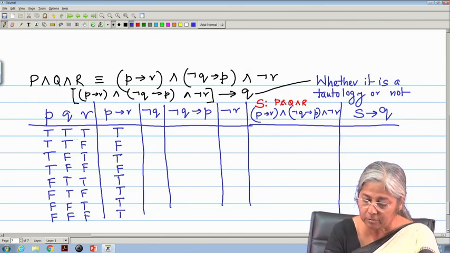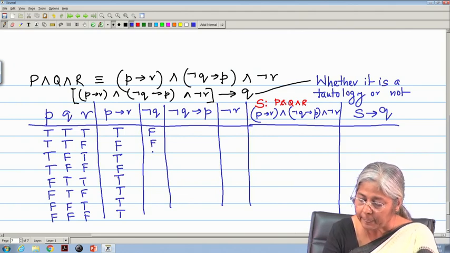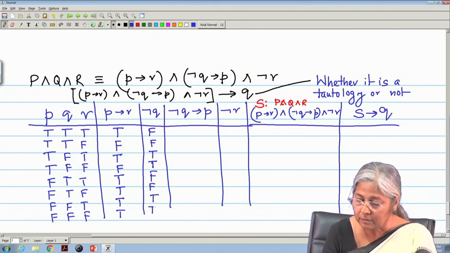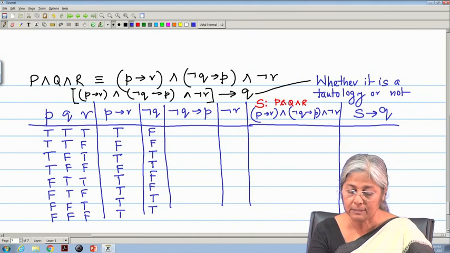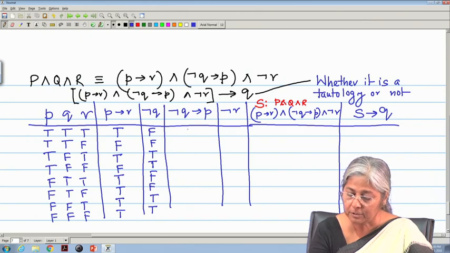Now, I have negation Q: F, T, then again F, T. Negation Q implies P: whenever these two are F, it is vacuously true.